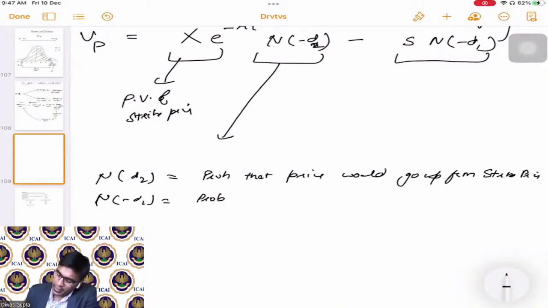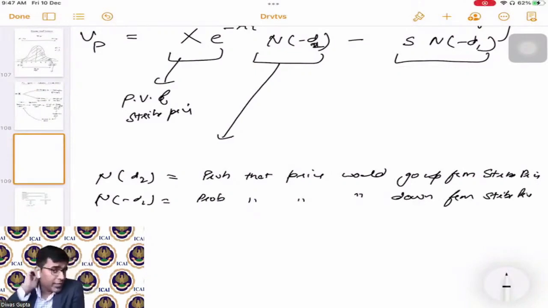This is that probability. N(-d2) would be that probability that price would go down from strike price. So below strike price, what is the probability that the price will go down? This is what N(-d2) is. Because you will earn in a put option if the price is going down from the strike price. That is what N(-d2) is, correct?